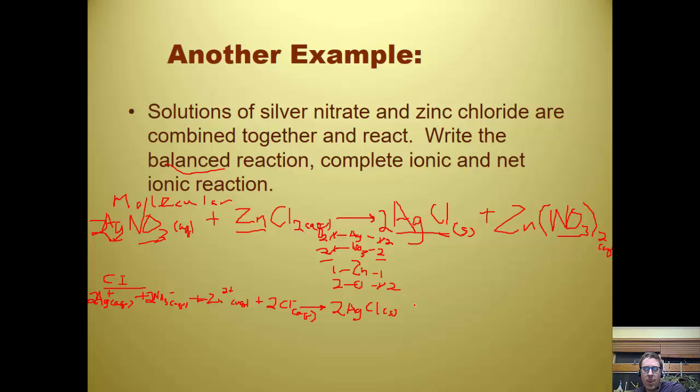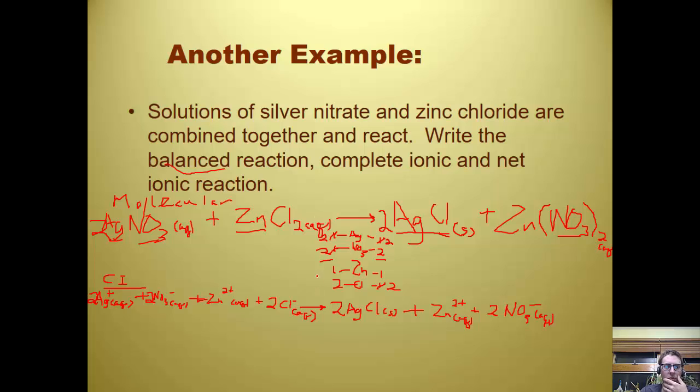Plus, this is aqueous, so it will break down. So again, Zn2 plus aqueous plus 2 NO3 minus, and it's aqueous.